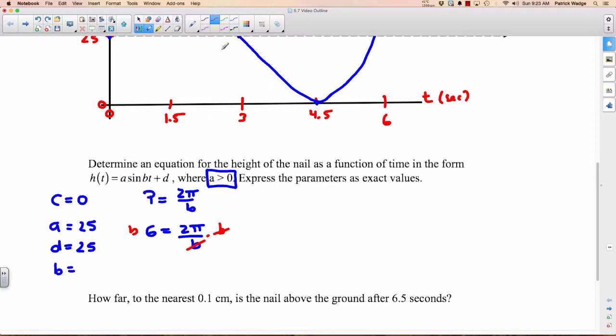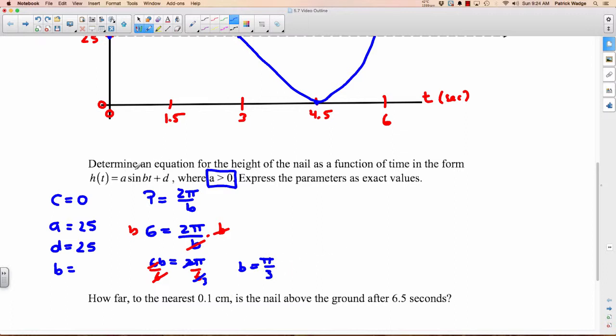So you have 6b on this side, and you still have 2 pi on the other. We want to get the b by itself, so we will divide by 6 and divide by 6. These 6's are gone. What you're left with is b equals 2 pi over 6, but you could cancel those, divide them both by 2, you get pi over 3. Or 1/3 pi, but I kind of like this.